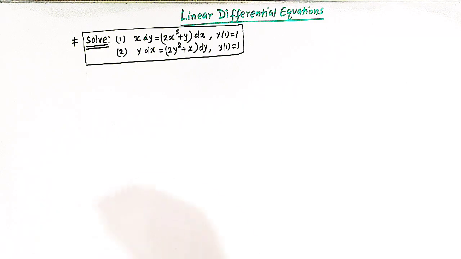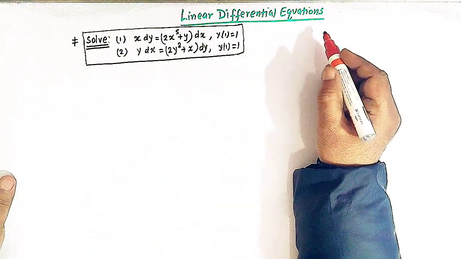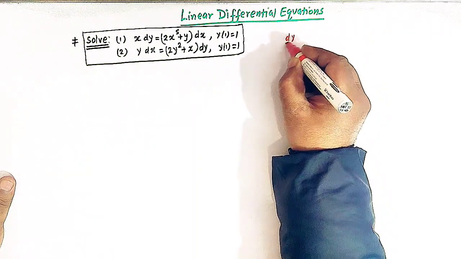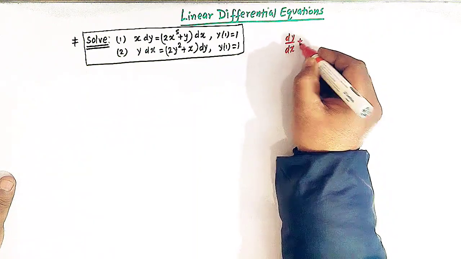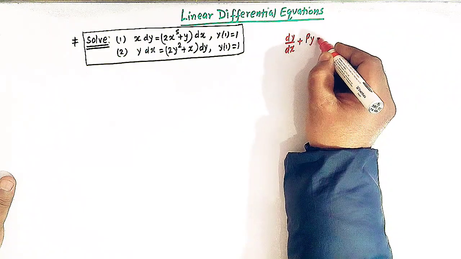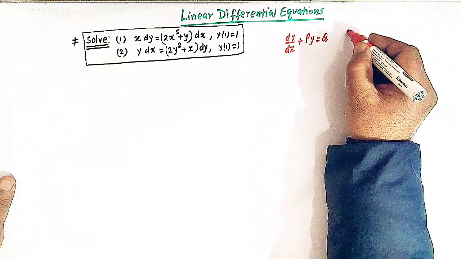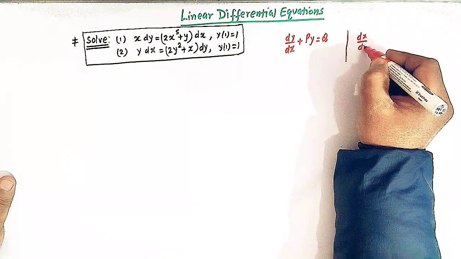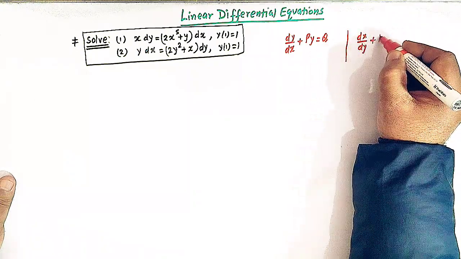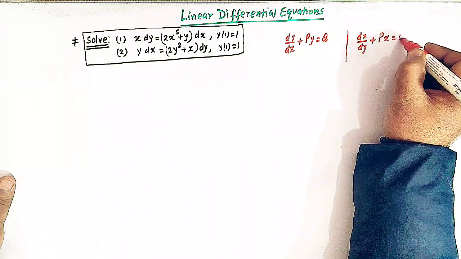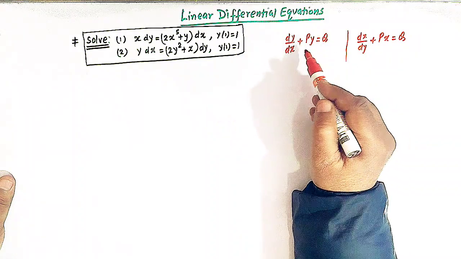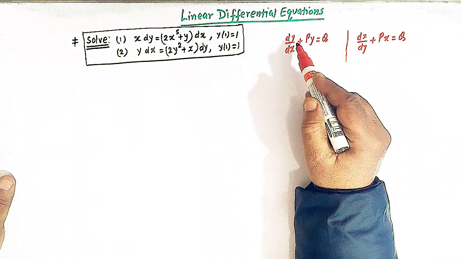So now we have the linear differential equations of two types. The first one is dy over dx plus py is equal to q, and the second form is dx over dy plus px is equal to q. So here we have two types of linear differential equations.